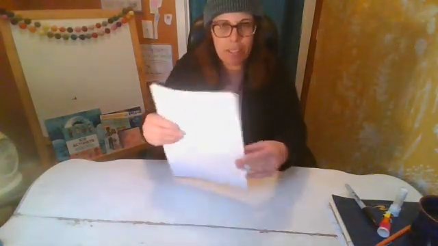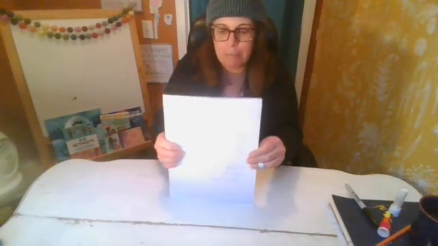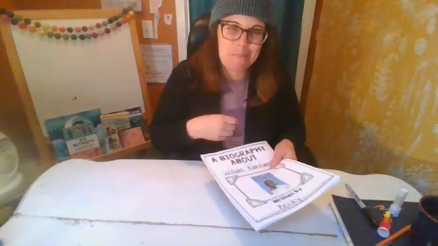Then just tap them, tap, tap, tap, so they're all lined up. And then you can staple your book right along here. I don't have my stapler with me right now, so I'm not going to staple it, but you can staple yours, and then your book is finished.